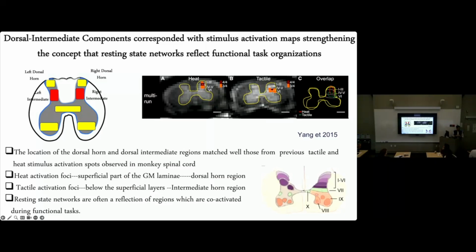Innocuous tactile, yes, this is right, but I'm just surprised because we know from the monkey literature that you also have WDRs in lamina 1. So why aren't you seeing any activation? I'm not aware of that, but I can definitely take this question outside and answer it much later.